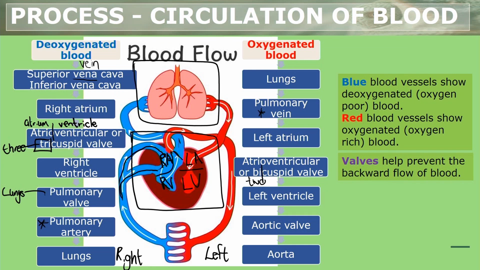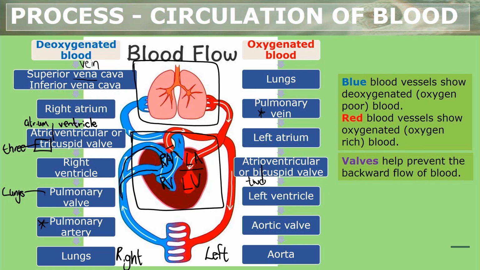Once the blood is in the left ventricle, there is another valve that will help prevent the backward flow of blood in the aorta, and this is called a semilunar valve, semi meaning half.